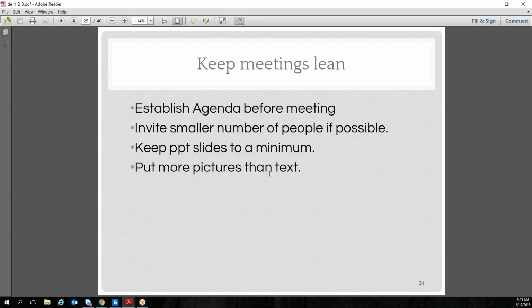Exactly. So the first slide is agenda. Now the question is why we put agenda first in our presentation. What is the need?